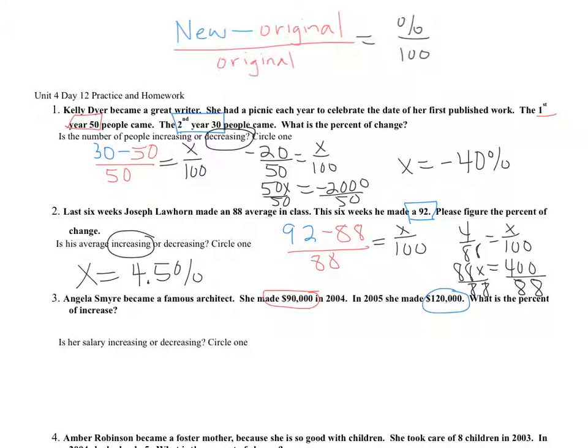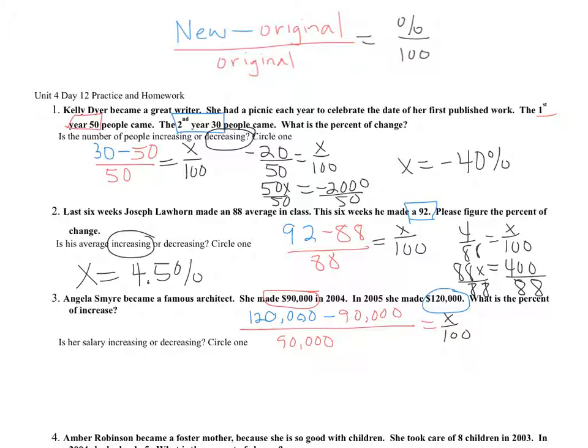So we'll go ahead and write 120,000 minus 90,000 all over 90,000 equals x over 100.